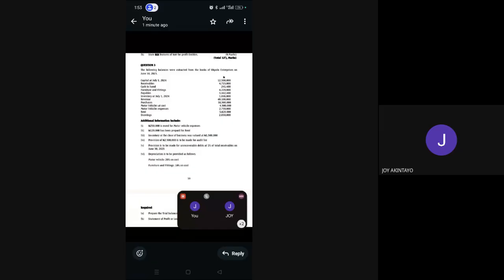So the next one, we have cash in hand. So where are we putting our cash in hand? Where are we posting? Debit side or credit side?